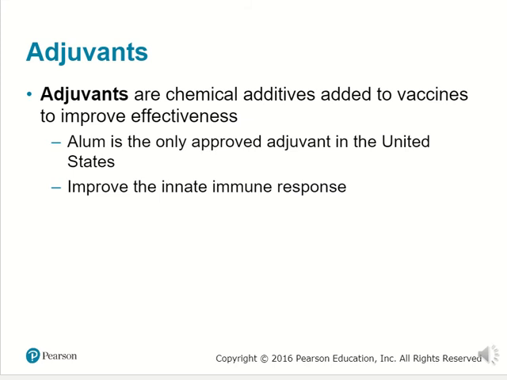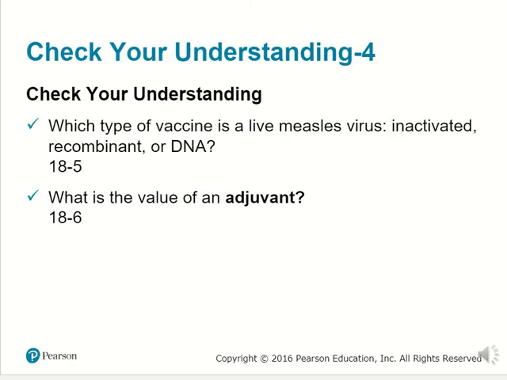In the US, we only use alum as an adjuvant to increase the effectiveness of vaccines. And essentially, by increasing inflammation, it increases the innate immune response. So the key of an adjuvant is it greatly increases the effectiveness of a vaccine by increasing our body's natural ability to distinguish when it doesn't want something in the body or when something shouldn't naturally be in the body.